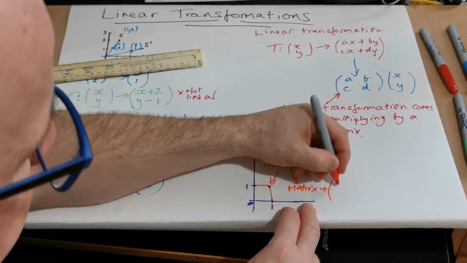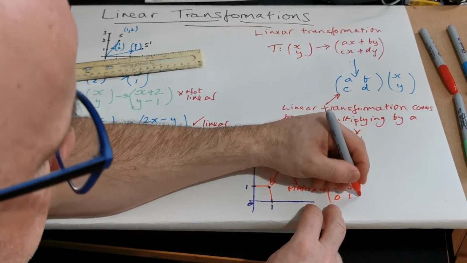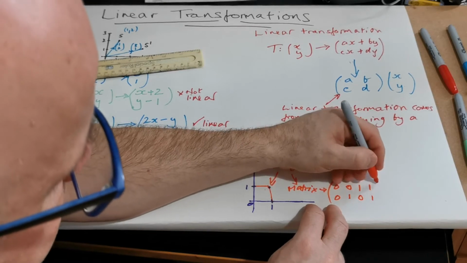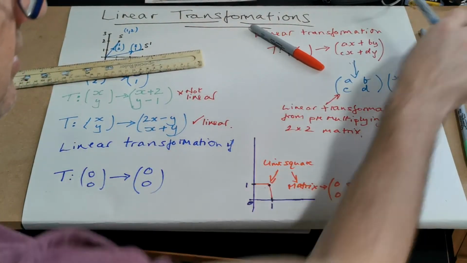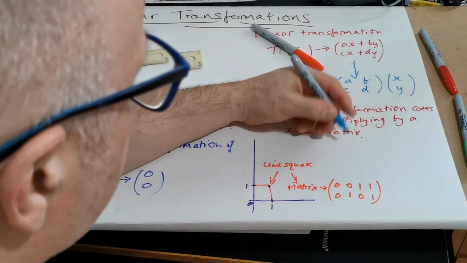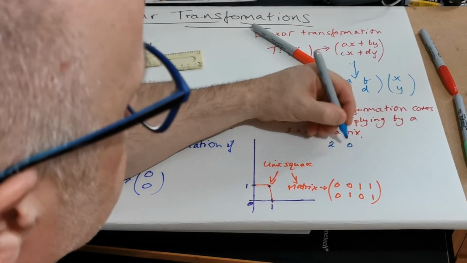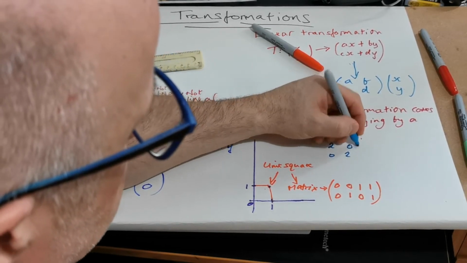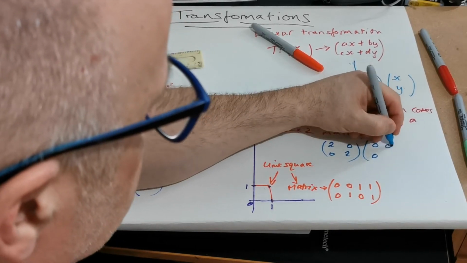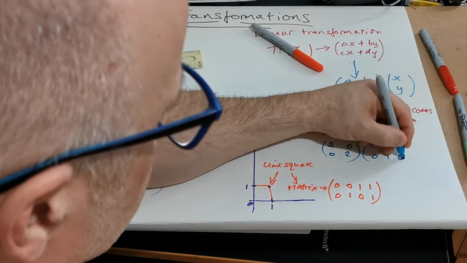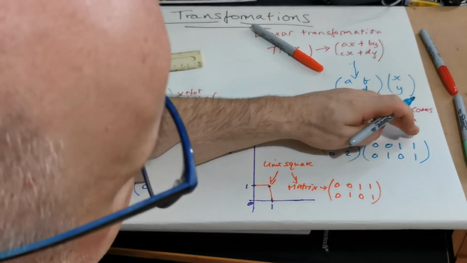And that would be 0, 0, 0, 1, 1, 0, and 1, 1. So if I wanted to do a transformation on that, let's pick a transformation here. Let's go (2, 0, 0, 2) times this big matrix that represents all of the square in one go, considering each of the 4 position vectors all together.